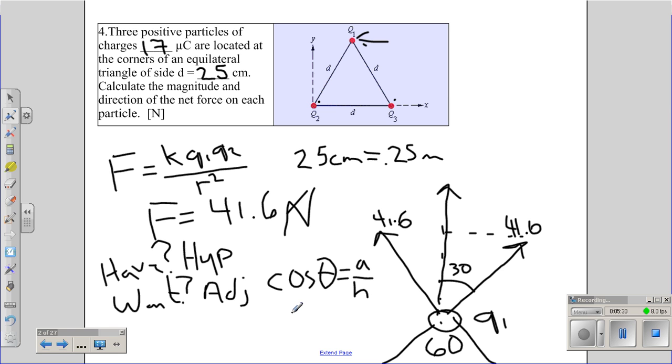So solving for adjacent, we'll say hypotenuse 41.6 times the cosine of 30 degrees, which will give you 36 newtons. That's just a component from one of those vectors though. We have two of them, so we'll double that and get 72 newtons total for our force directed upwards.